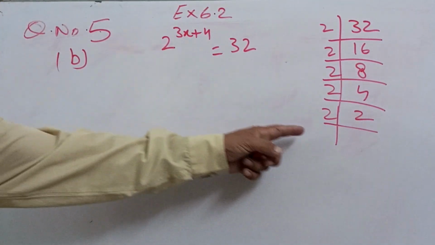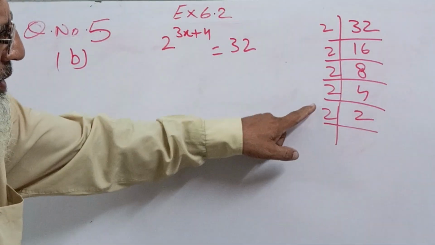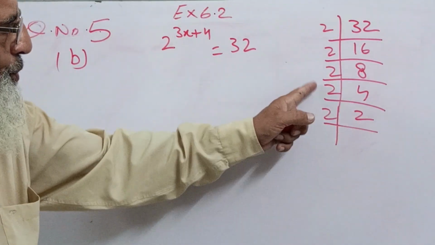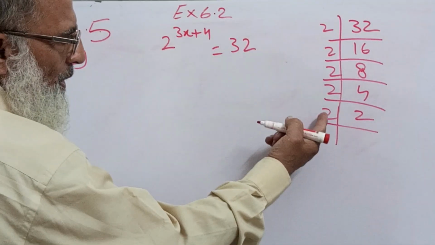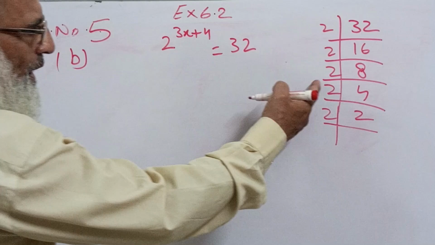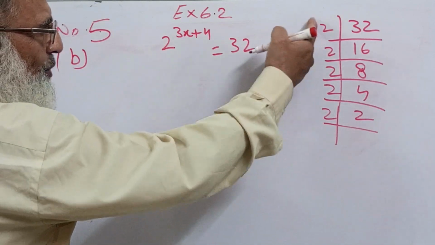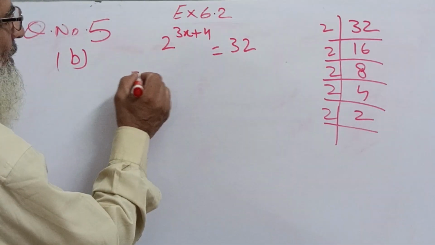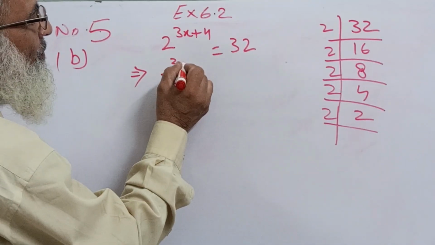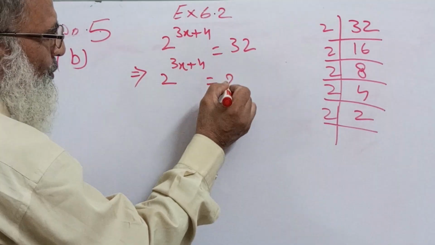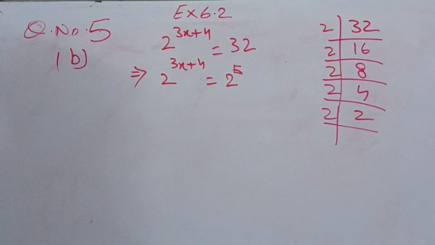You see how many 2's have appeared? 1, 2, 3, 4, 5. Five 2's for 32, because 2 times 2 is 4, 4 times 2 is 8, 8 times 2 is 16, 16 times 2 is 32. So it will become 3x plus 4 is equal to 2 raised to the power 5.